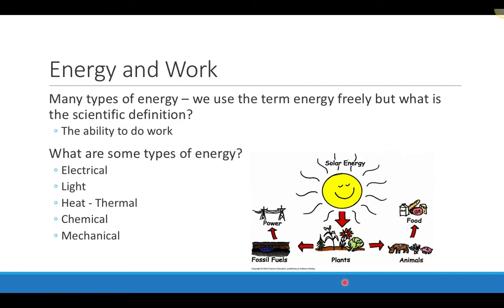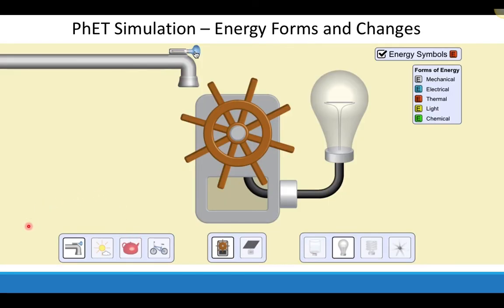Here's a picture that shows how these different forms of energy can be transferred from one form to another. There's also a nice PhET simulation that shows this as well. The little blocks with the E in them are different forms, and the color coding tells us what types of energy we actually have.